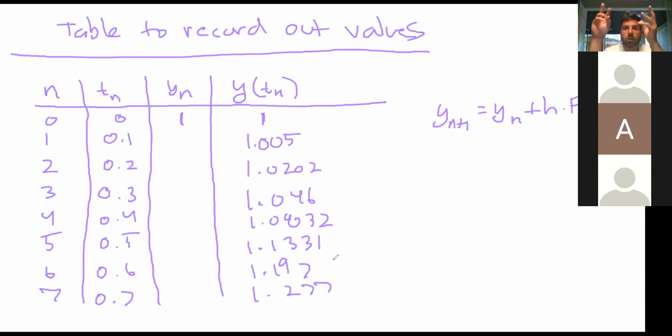So those are my quote unquote exact values, or the actual values of the solution. Now what I want to do in the third column is these are going to be my approximated values.